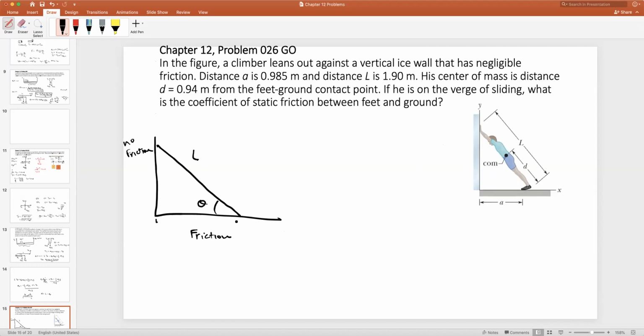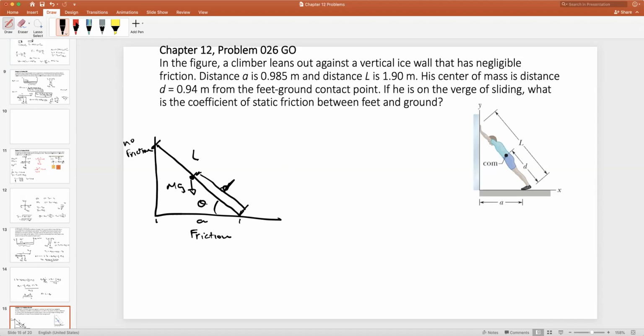This distance from here to here is A, and there's a center of mass on the guy. So mass times G, where the weight is being applied. And that distance from here to here is D. So this whole length is L. This is D. This bottom length is A, just like it's shown.